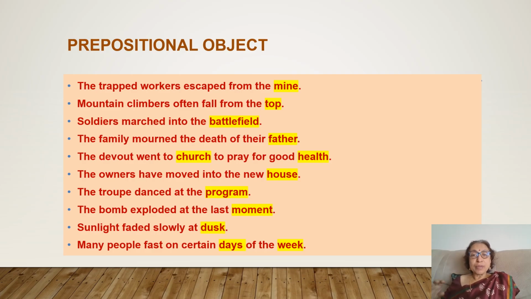The sentence may be incomplete without a direct object, as we saw in the earlier two slides. But the sentence is never incomplete without a prepositional object. The prepositional object can complete the sentence by giving extra information, adding the noun using a preposition. That is why we call it a prepositional object.